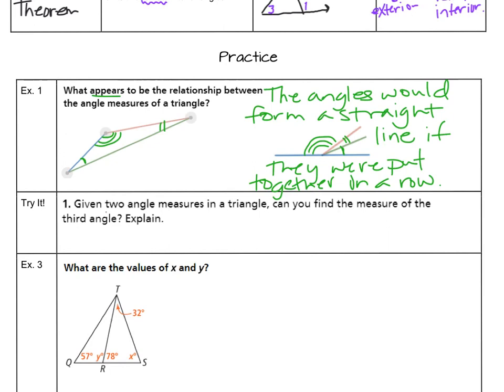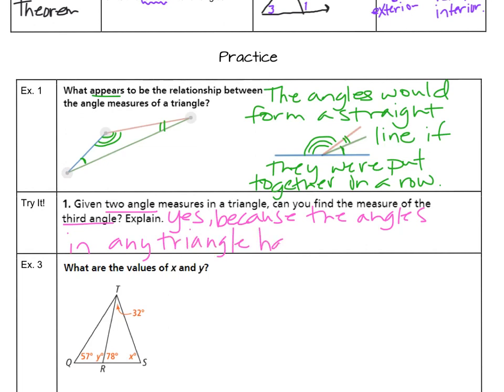Well, we know that we can find that third angle because the three angles in a triangle, it doesn't matter which one it is, always have a sum of 180. So if we know any two, we can always take them and subtract from 180 to find the missing value.